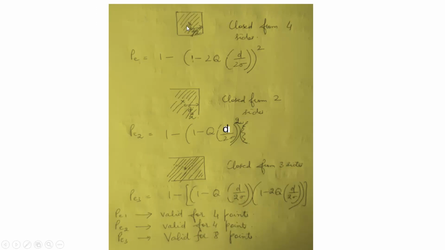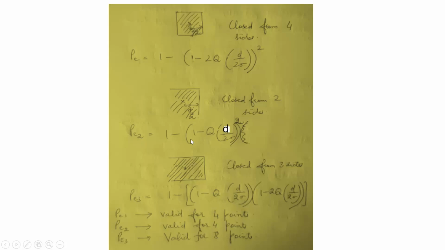For the decision region which is closed from all four sides, this is the probability of error, which I call PE1. For the type of decision region which is closed from two sides, this is the probability of error, and I denote it by PE2.